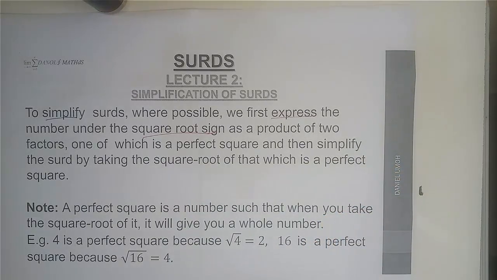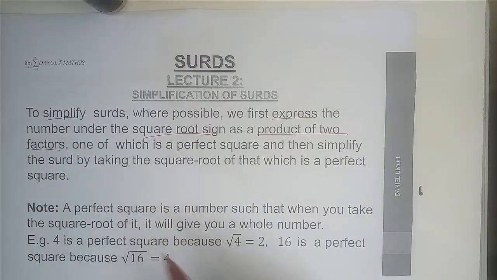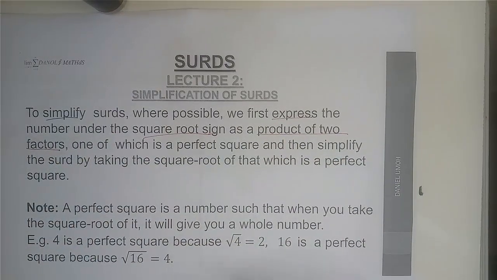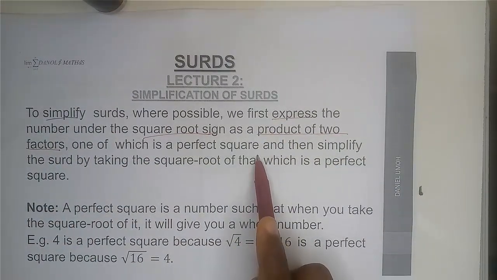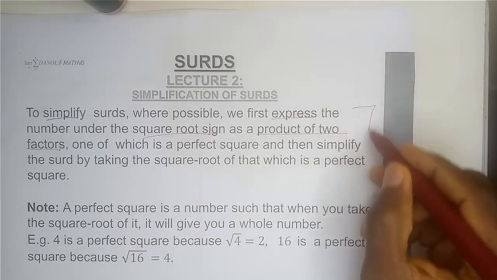The first thing to do is to express the number under the square root sign as a product of two factors, one of which must be a perfect square, and then we will simplify by taking the square root of that perfect square. Please, this is where the concept lies.